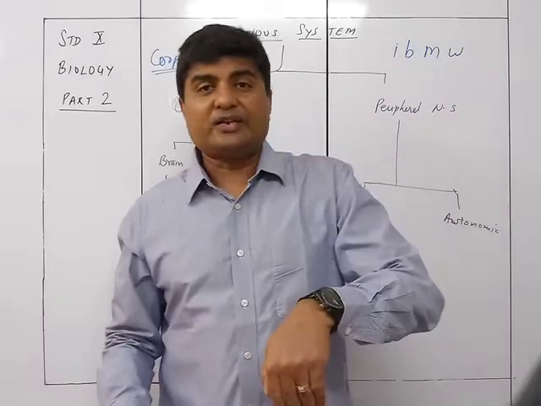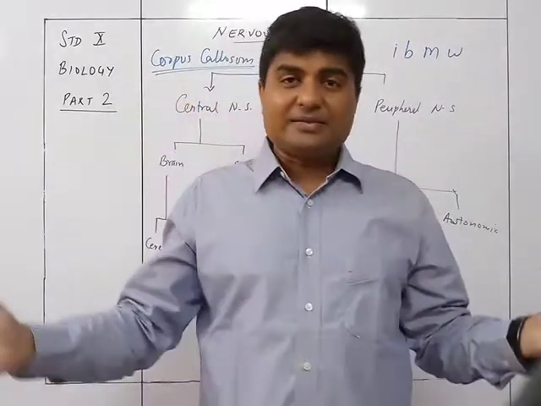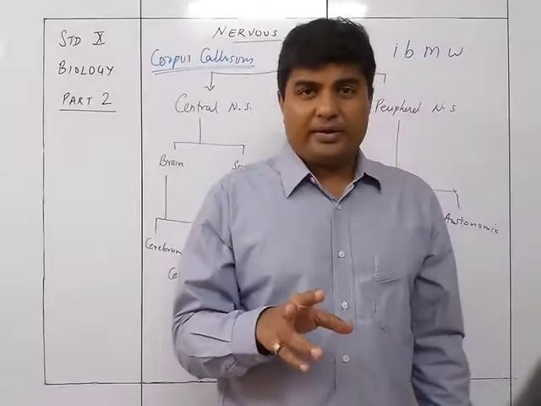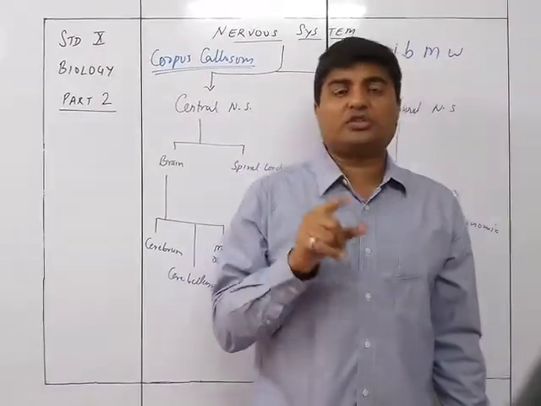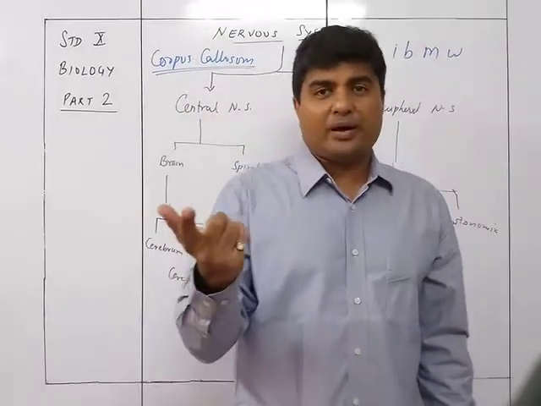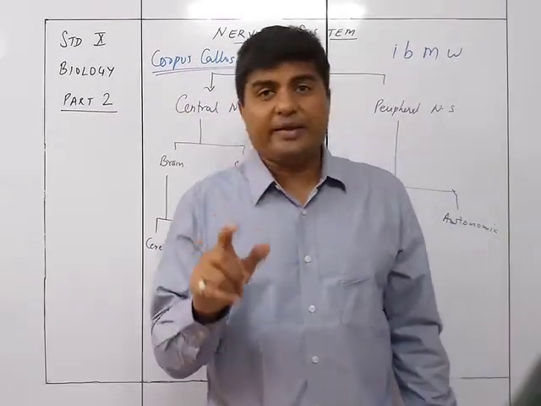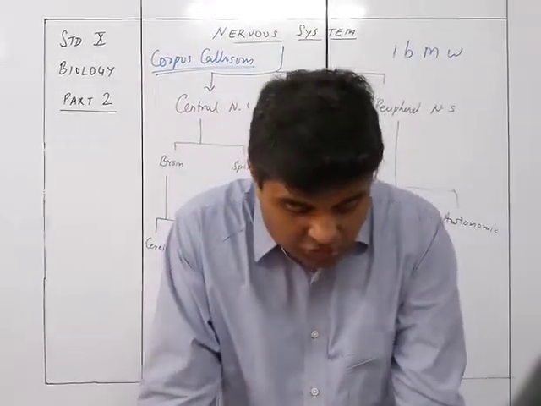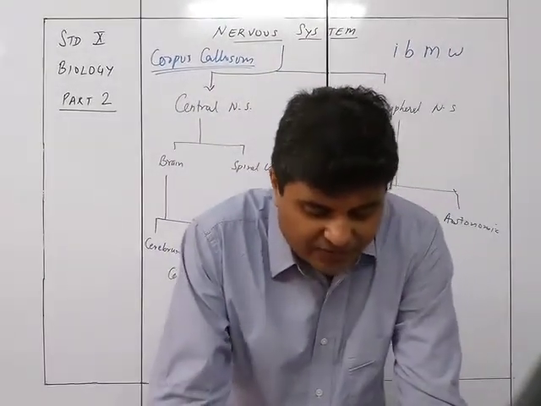Because the cyton is inside, grey matter is inside and white matter is outside. So that's why the structure of the spinal cord is opposite to the structure of the brain. The structure of the brain is white matter inside and grey matter outside. The structure of the spinal cord is white matter outside and grey matter inside.